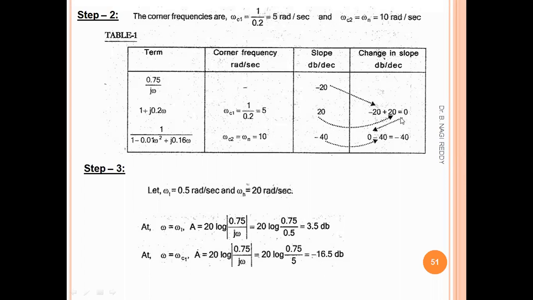So 0 minus 40, we will get minus 40 as the change in slope. So the fourth column will be calculated in this manner. You can see the arrow directions clearly so that you can understand how the change in slope is calculated. So this is the second step, determining the corner frequencies and calculating the slope.